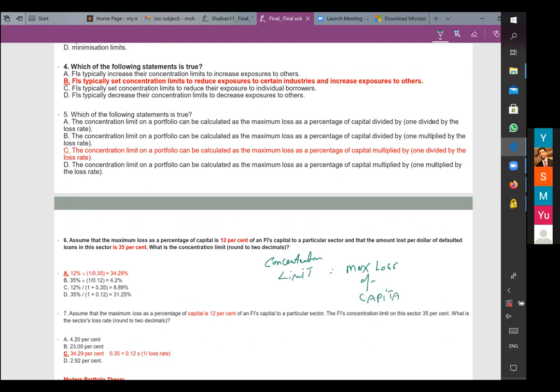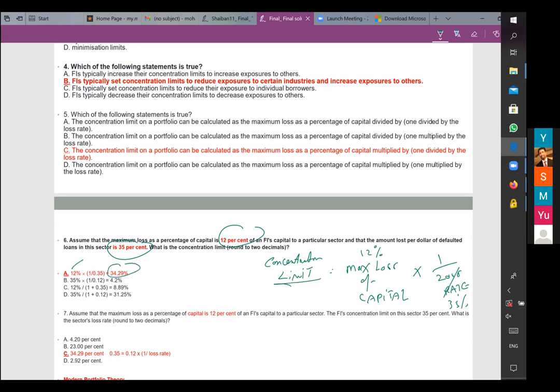This is the formula, times 1 over the loss rate. If we look at this, this is 12%, and this is 35%. I can calculate this.